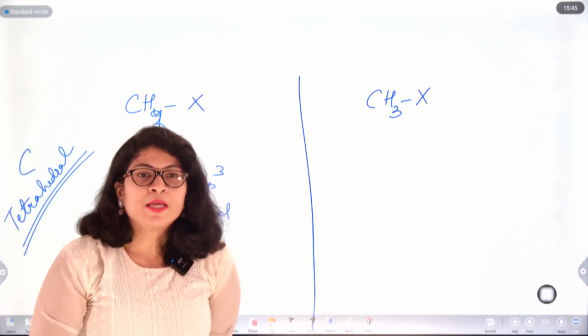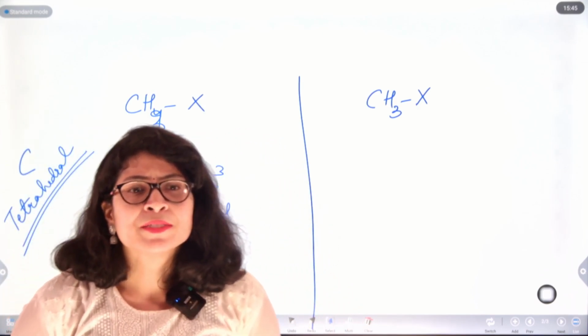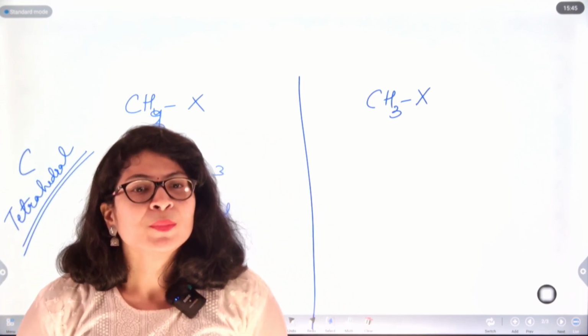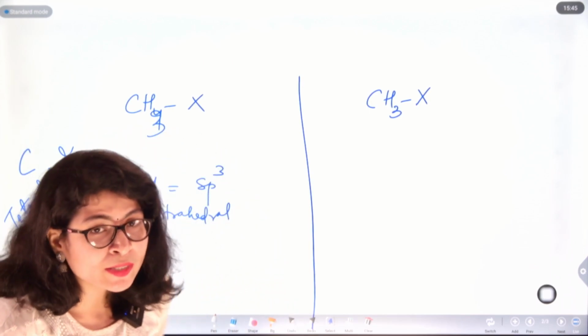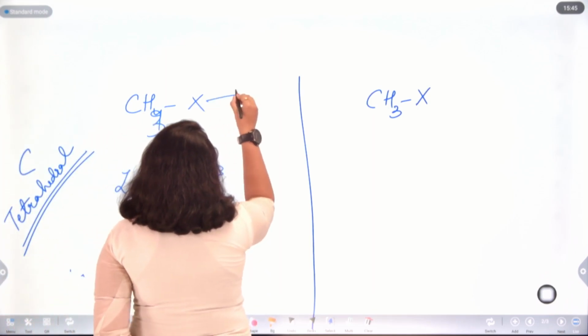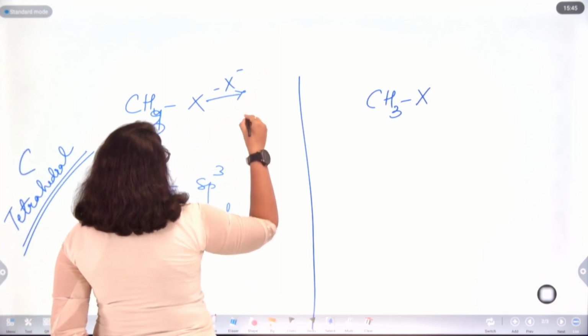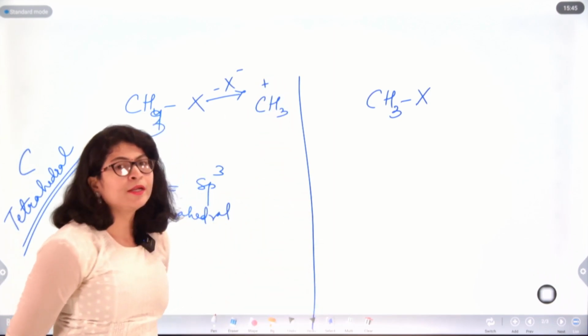So let us take a case. In the first case, what happens? Let us assume X is stronger. X will take up both the electrons from carbon and it will move out. If X moves out as X minus, then we are left with CH3 plus, right?